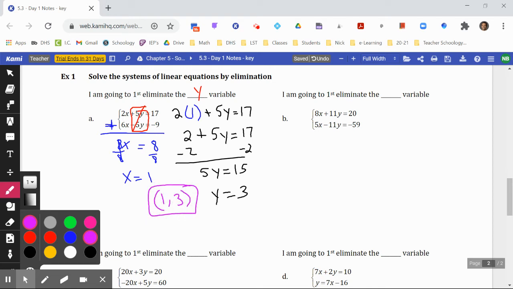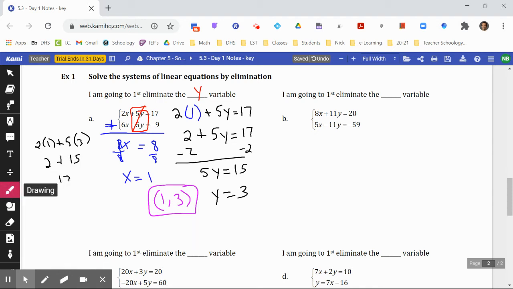But again, I'm just going to go ahead and check just to make sure that this is the correct solution here. All right, so I'm just going to do a little work here on the side. Right, 2 times 1 plus 5 times 3. I just want to make sure this adds up to 17. 2 plus 15, yep, 17 equals 17. That checks out.